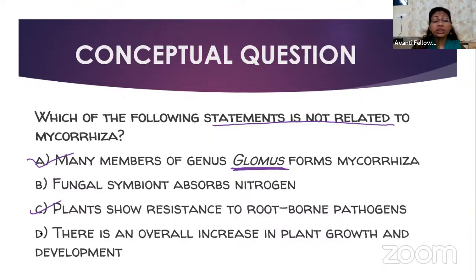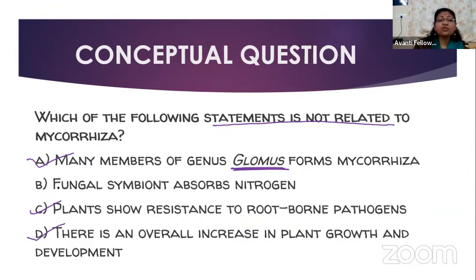Then we have option D, which says there is an overall increase in plant growth and development, right? Because it helps in the absorption of nutrients from the soil. It also makes our plant resistant and tolerant to pathogens as well as to adverse climatic conditions. So the plant gets overall development, and option D is also correct.